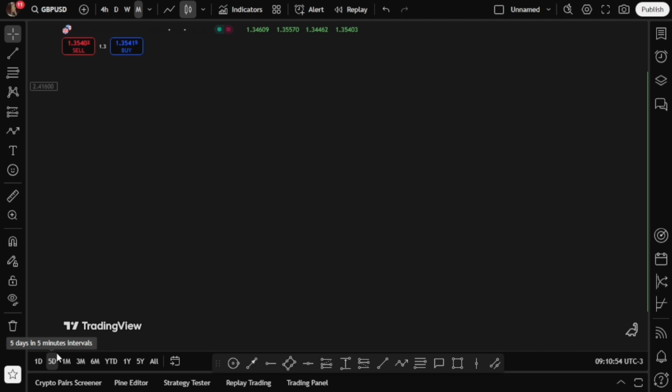starting from the uptrend. So now, in price action, we have the bullish, the bearish, and the ranging market, right?